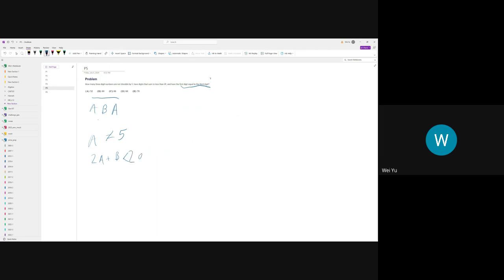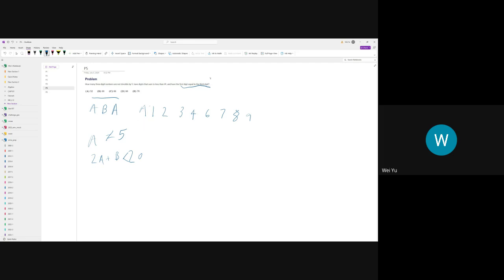Now we're just going to consider the possible values of A and see how many values of B there can be. So A can be 1, 2, 3, 4, 6, 7, 8, 9.